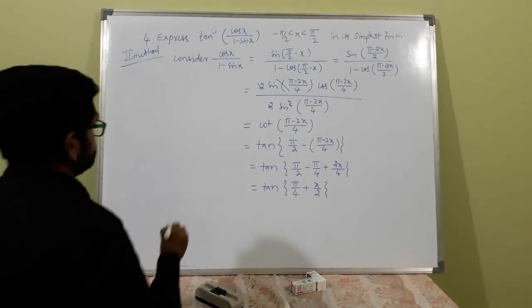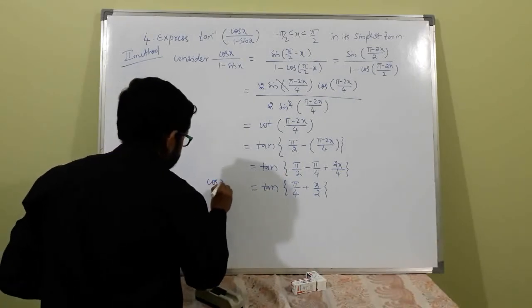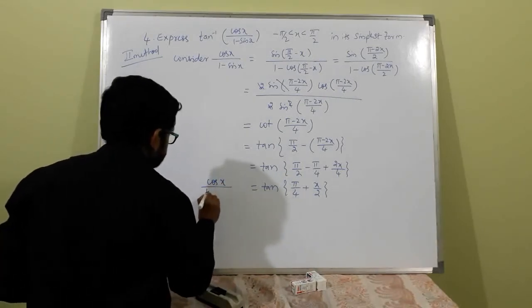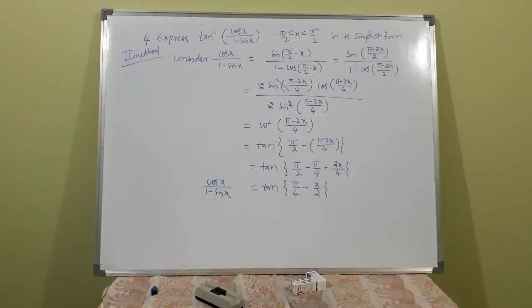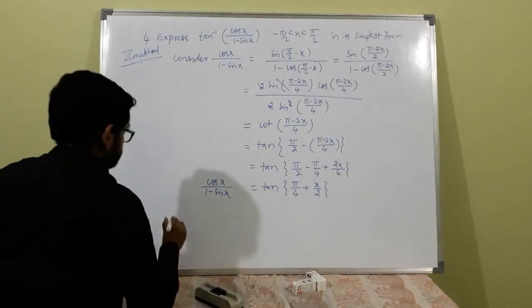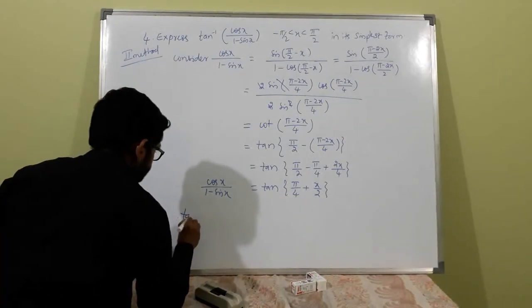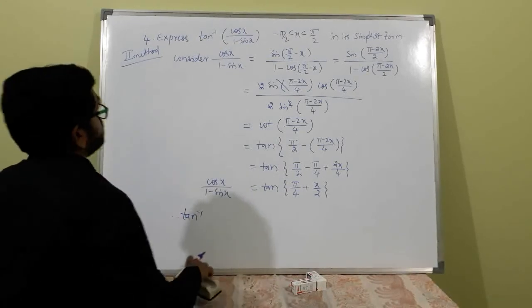So cos x by 1 minus sin x is the same as tan of 5 by 4 plus x by 2. But what is required? Therefore, tan inverse of cos x by 1 minus sin x.